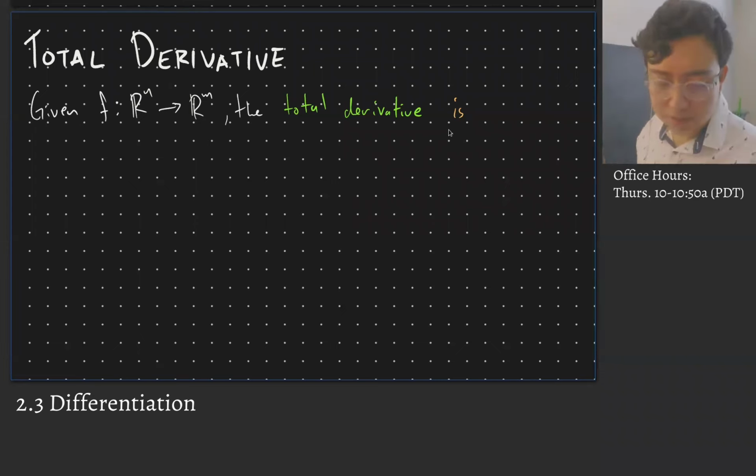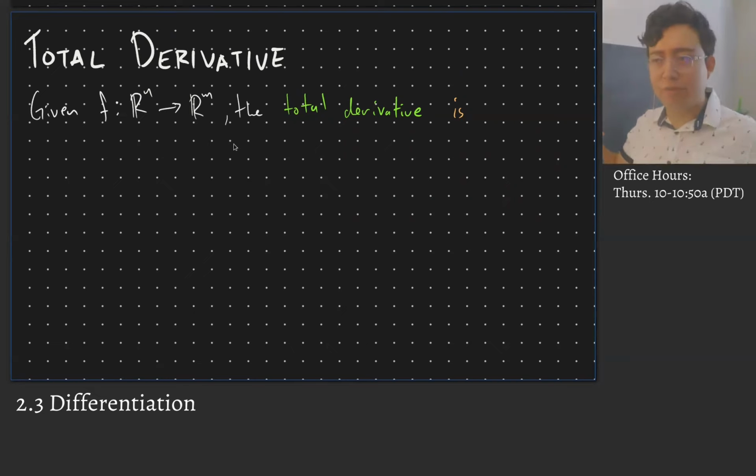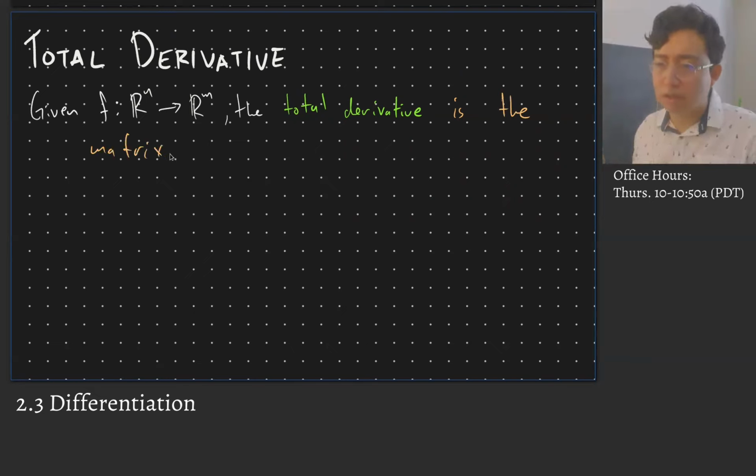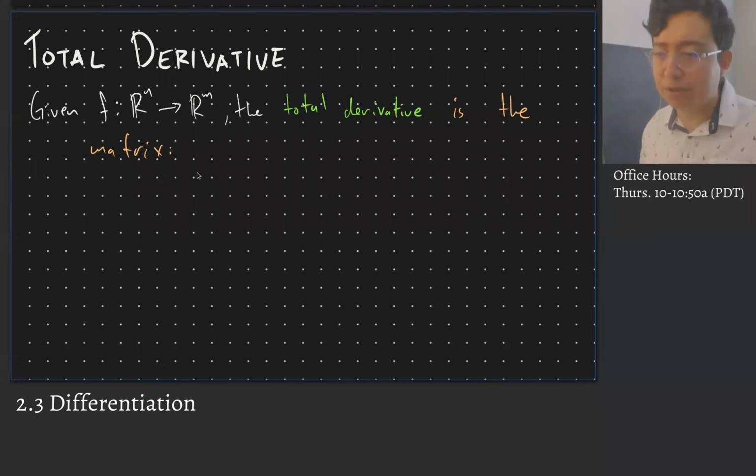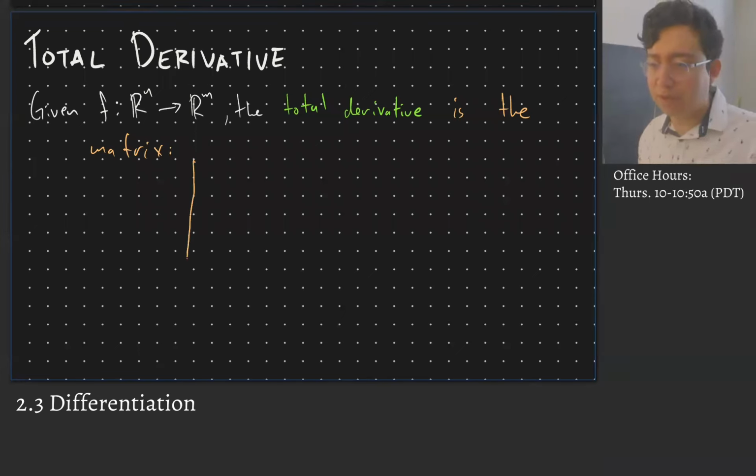But a total derivative you can talk about for something arbitrary. What it is is kind of just putting all of the derivatives together. The way we do that is you put all of the possible partial derivatives into a matrix.